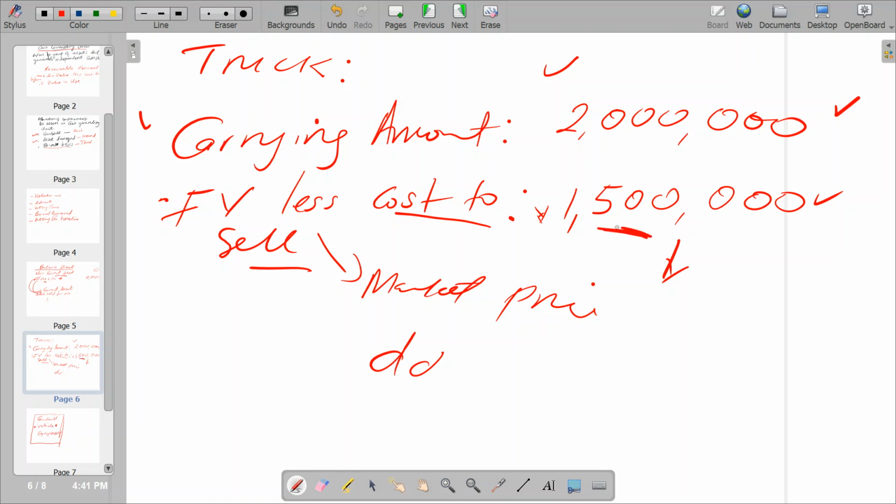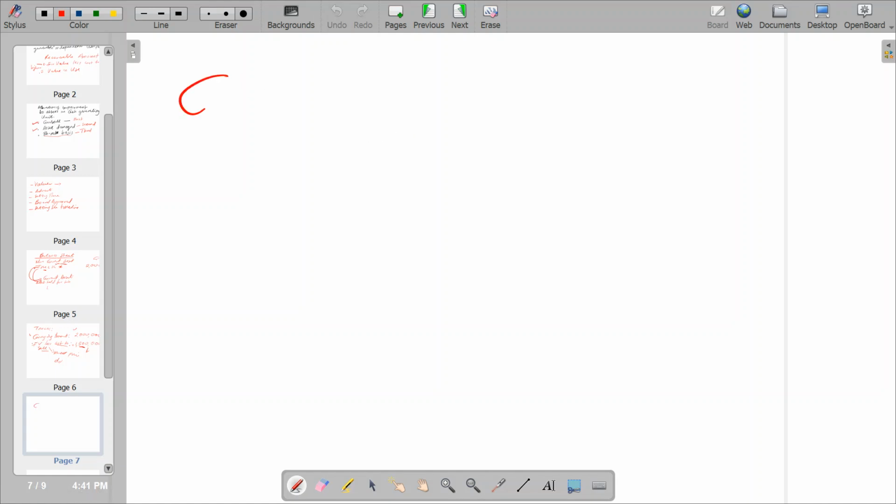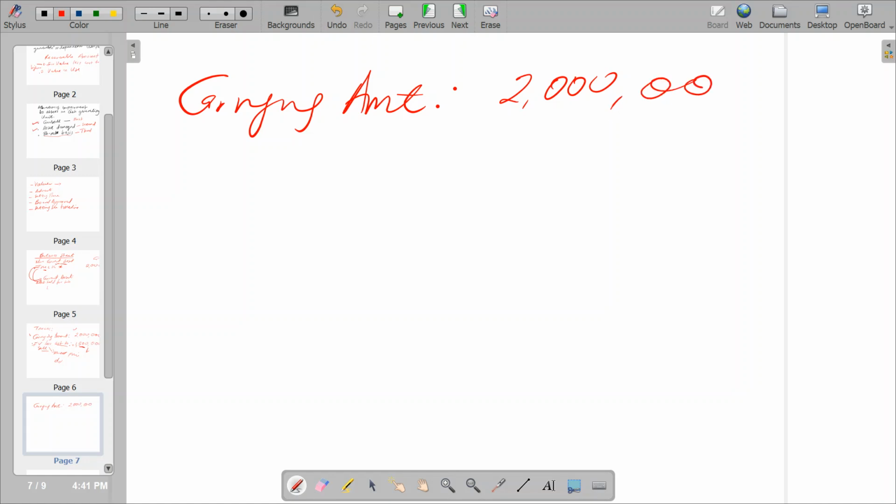Okay, now assuming we'll pick the fair value less cost to sell in this case. Assuming that the carrying amount is 2 million, like the other one, and then the fair value less cost to sell is 3 million.